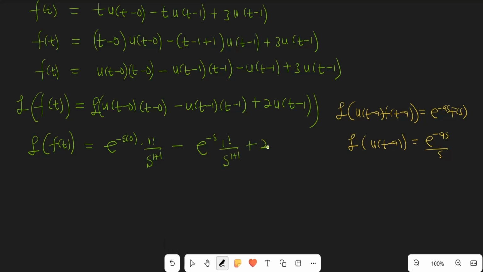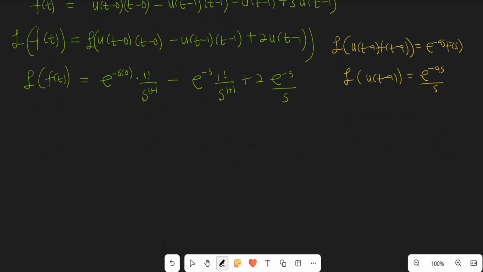Plus 2 times the unit step function, whose Laplace transform is e to the negative as, with a equal to 1, so e to the negative s divided by s. So this is what we have. Now let's simplify our answer. The Laplace transform of our function is equal to, this one is 0.